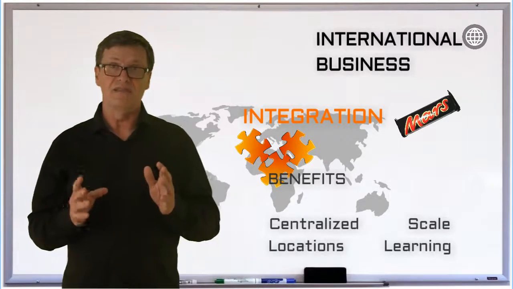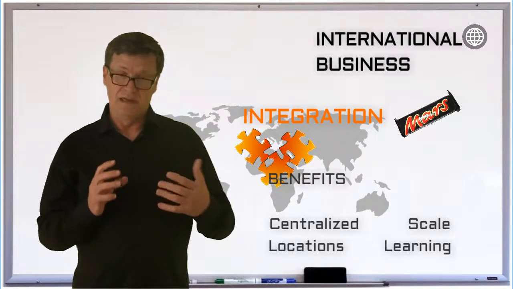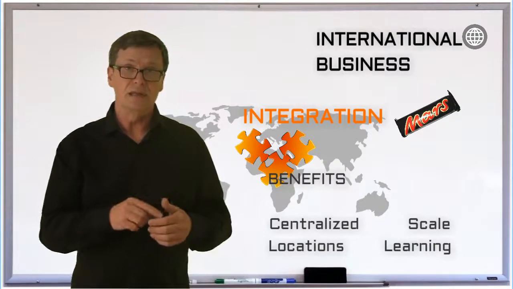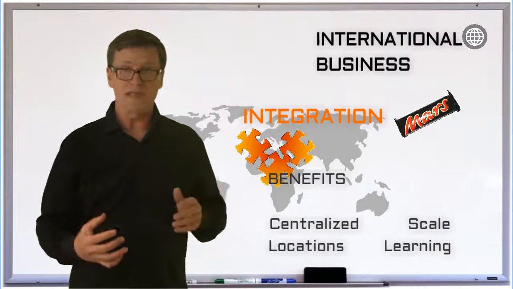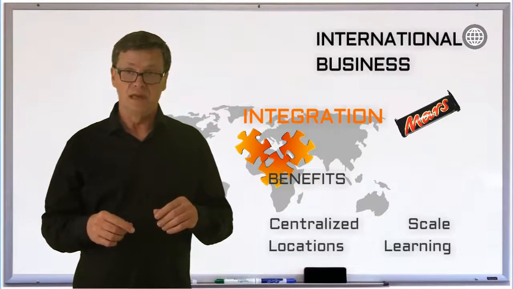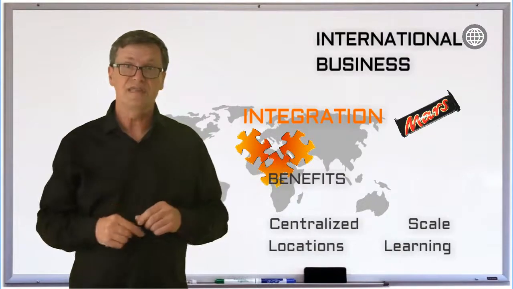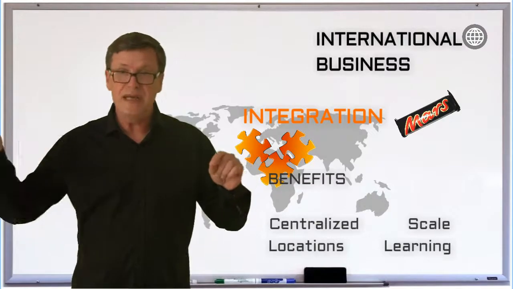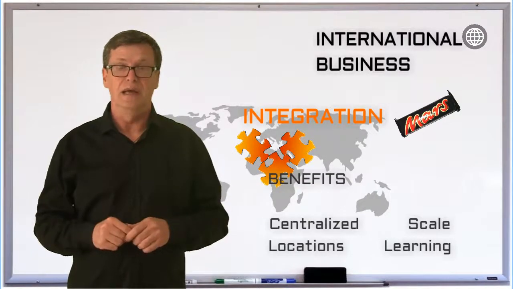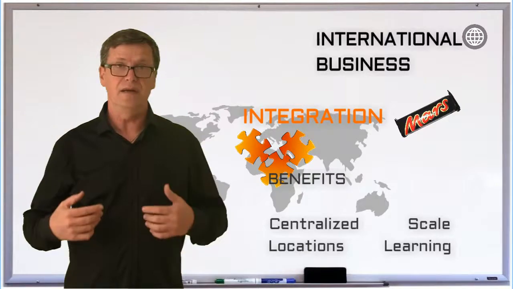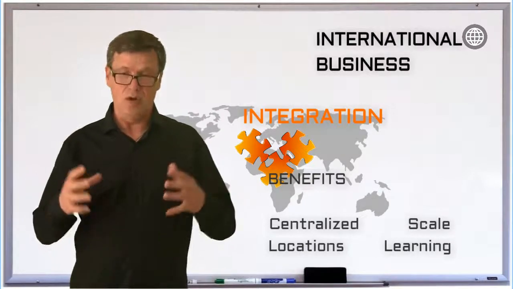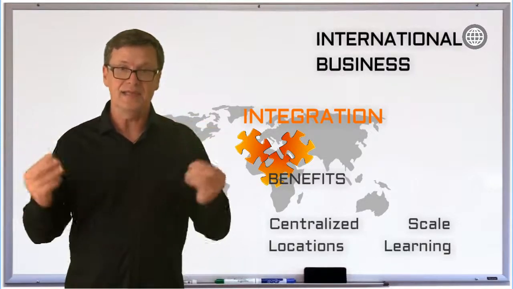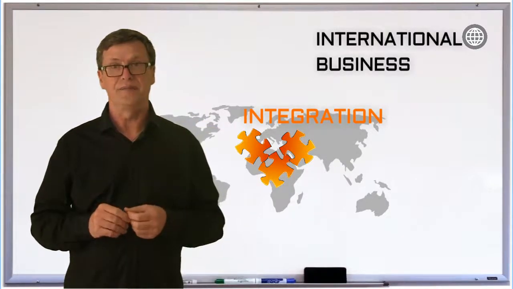And the benefits of that integration might involve centralization of production facilities on a few markets, larger scale production processes in a few places, the location of production facilities or marketing and distribution, etc., in just a few key locations around the world, and a great deal of learning within the organization, because all of these activities are highly integrated, and that enhances the learning in the company.